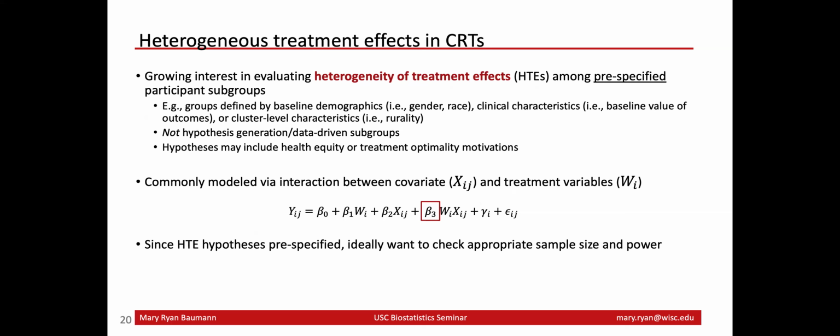And because these hypotheses are pre-specified, we want to check to make sure that we have appropriate sample size and power for them, but to design a cluster randomized trial for a heterogeneous treatment effect, you have to think about slightly different parameters and slightly different considerations than you would necessarily for a cluster randomized trial focused on an overall or an average treatment effect.